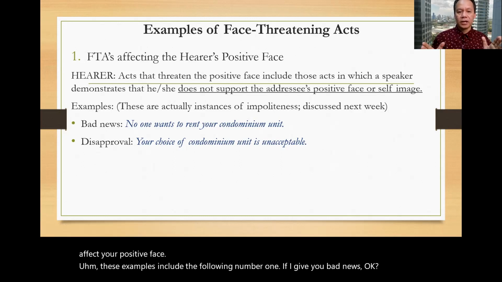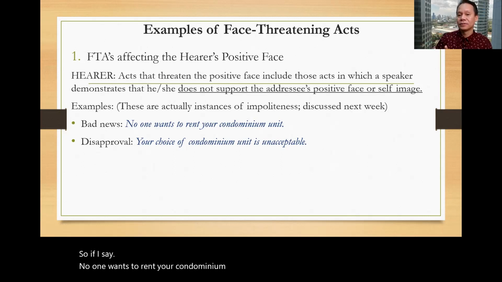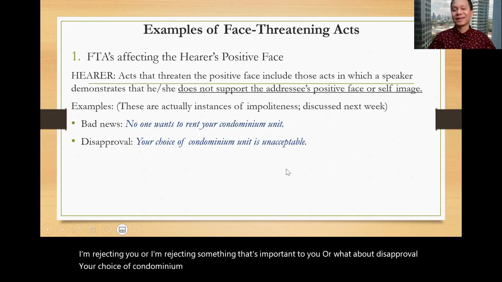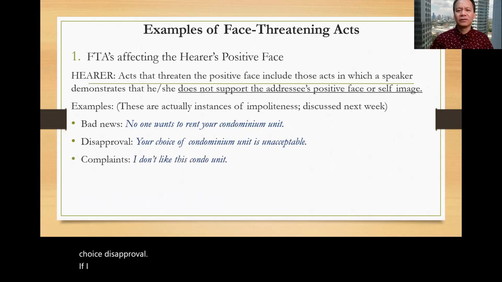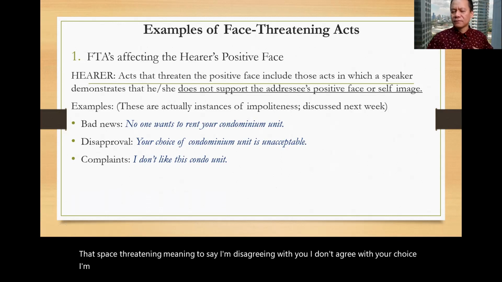So if I say, no one wants to rent your condominium unit, that's bad news. Why? I'm rejecting you, or I'm rejecting something that's important to you. Or what about disapproval? Your choice of condominium is unacceptable. So again, I'm rejecting your choice. Disapproval. If I complain, I don't like this condo unit. That's face threatening, meaning to say, I'm disagreeing with you. I don't agree with your choice. I'm rejecting. And so your self-image or self-esteem is kind of affected, right?